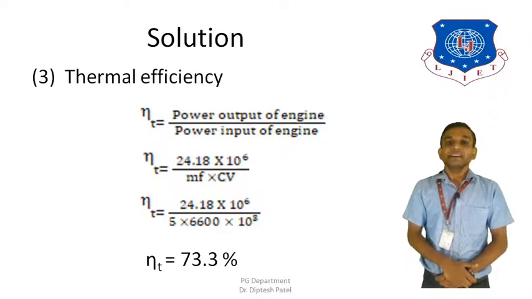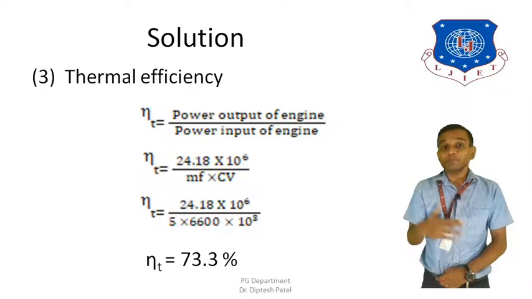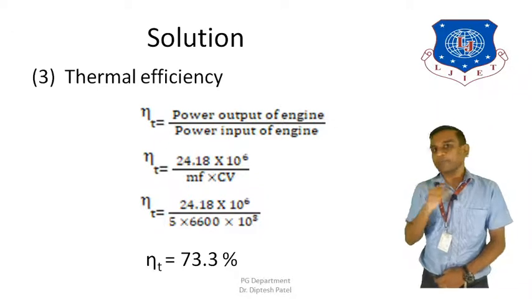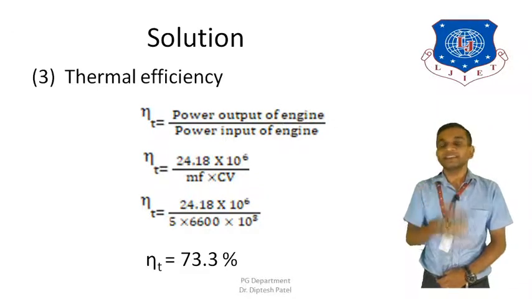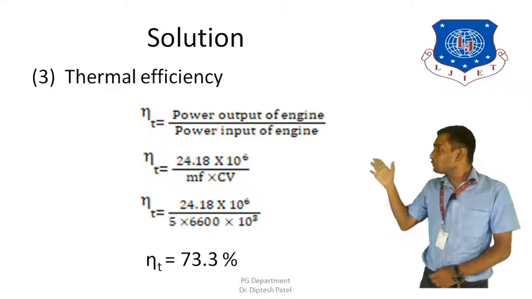So let's put the values in that equation. Here eta T, which is the thermal efficiency, is equal to power output of the engine divided by power input of the engine, and therefore eta T is equal to power output of the engine divided by mf into Cv. So mf is the mass of fuel and Cv is the calorific value of fuel. So just put the values for the output and input.